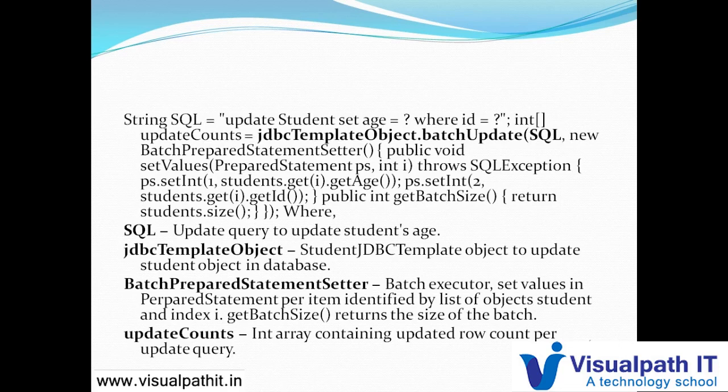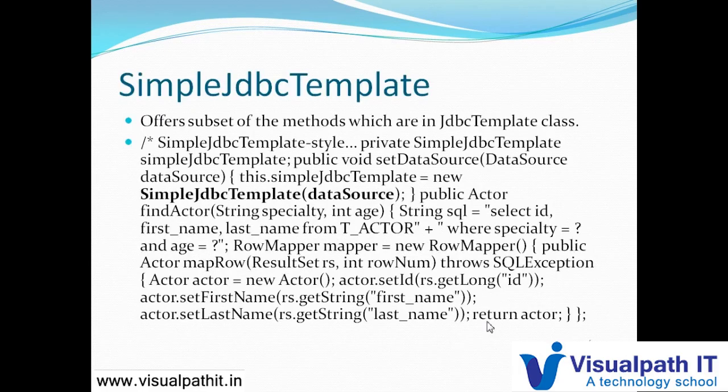And as usual, we are also throwing the SQL exception if there is any exception. And this is a JDBC template object. SQL is the update query to update the student age, and update counts is an array that provides the row count per update query.